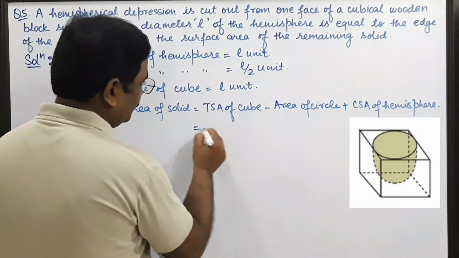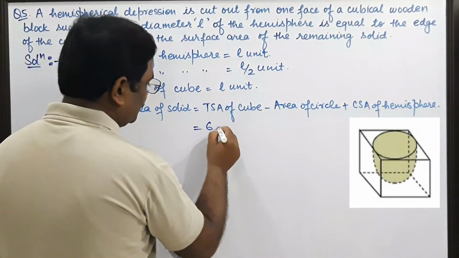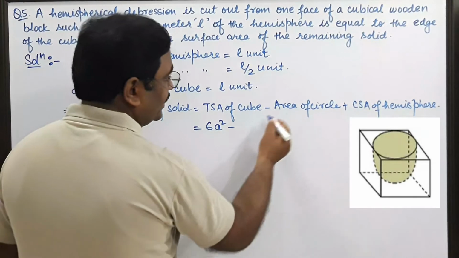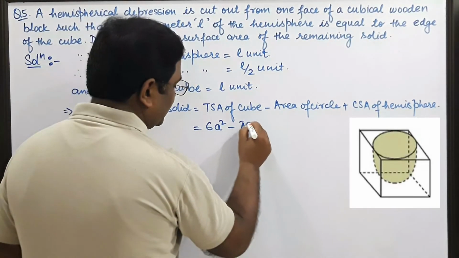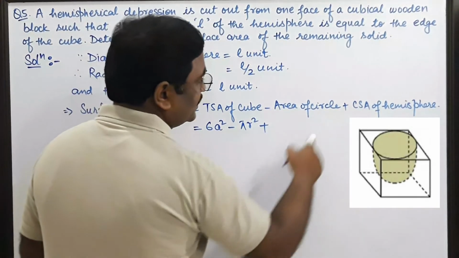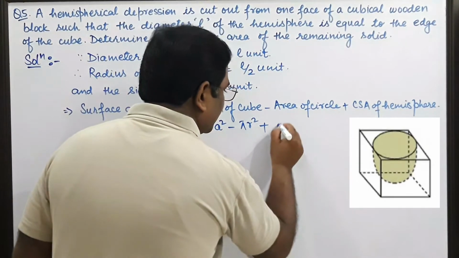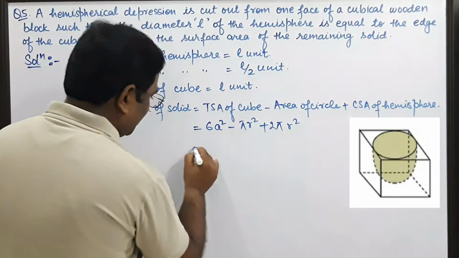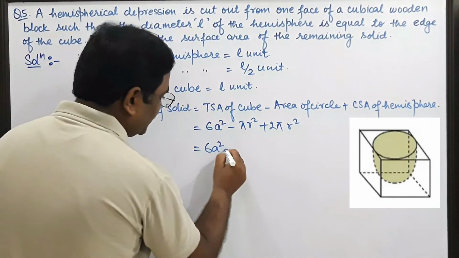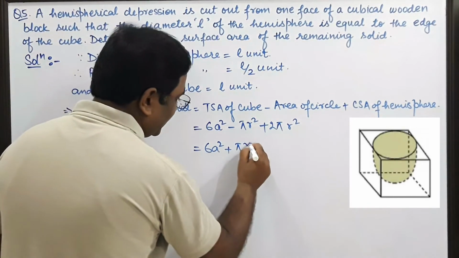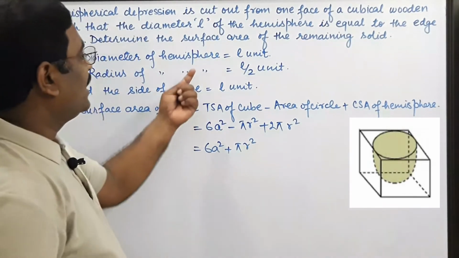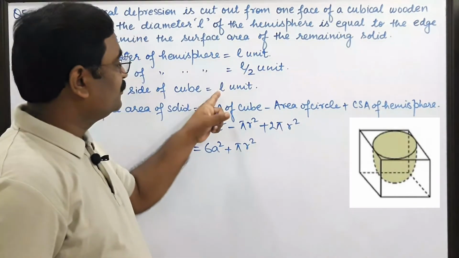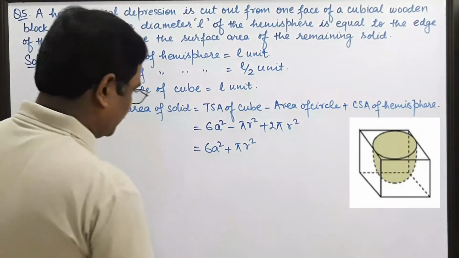Total surface area of cube means 6a square, minus area of circle is pi r square, plus curved surface area of hemisphere is 2 pi r square. We simplify: 6a square plus 1 pi r square. Now r is the radius which is L upon 2 and a is the side of the cube which is L unit. We have to substitute here.